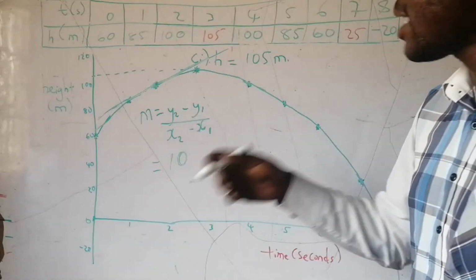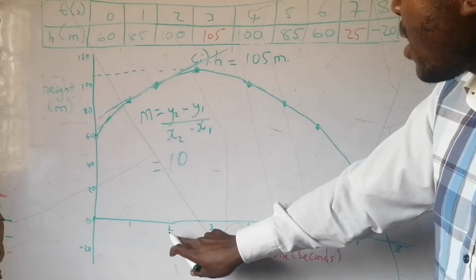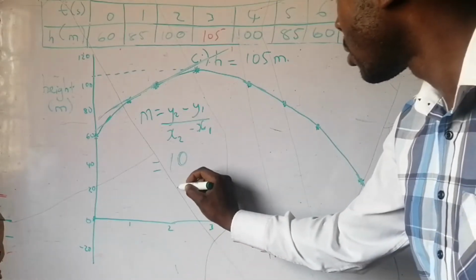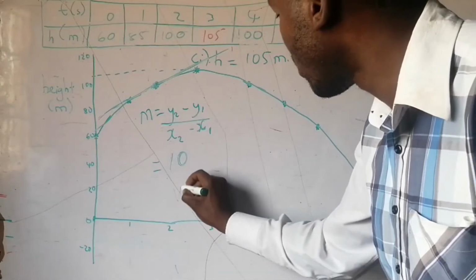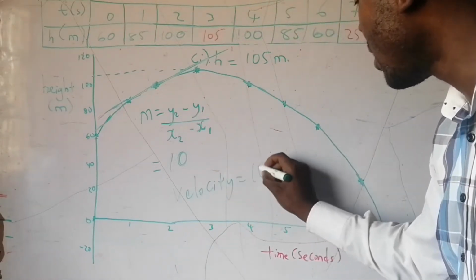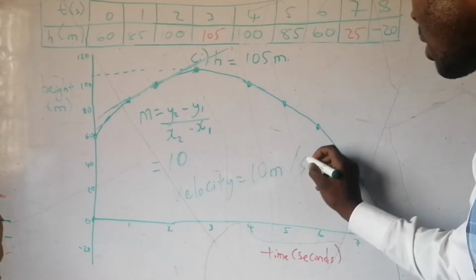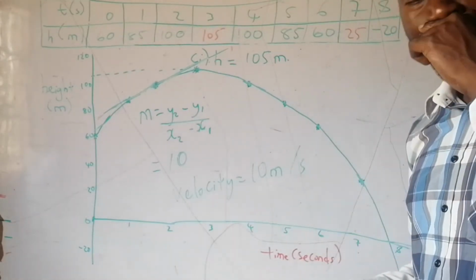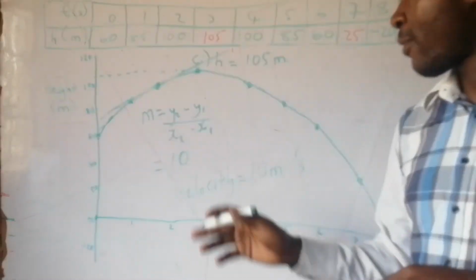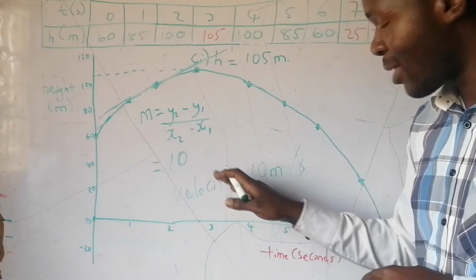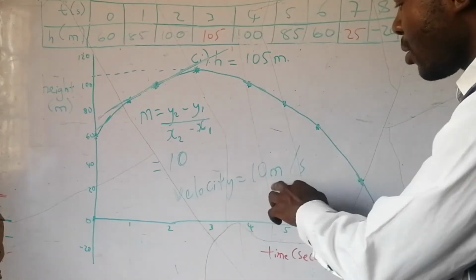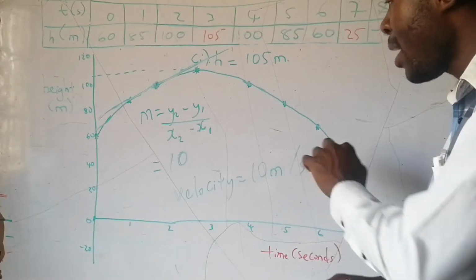And it means that the velocity when t is equal to 2 seconds is equal to 10 meters per second. Please use your graph according to your graph book. Use your graph to do these calculations so that you will find the velocity of 10 meters per second.